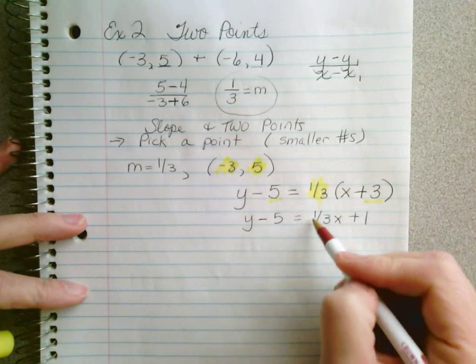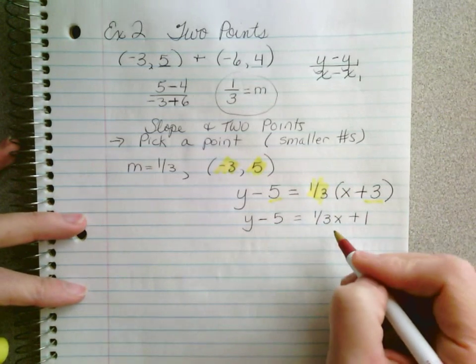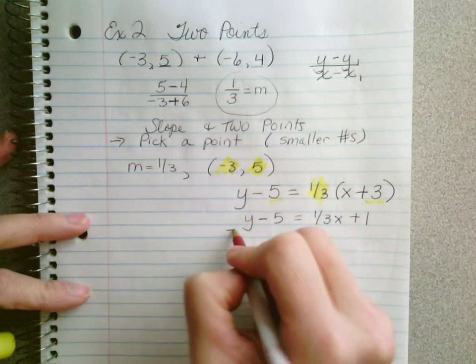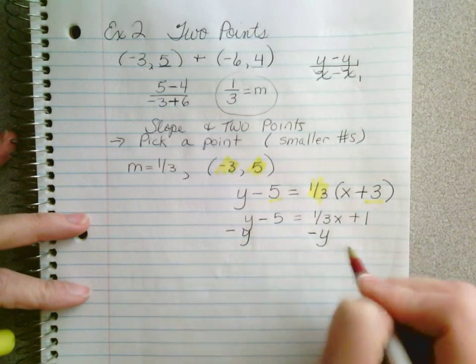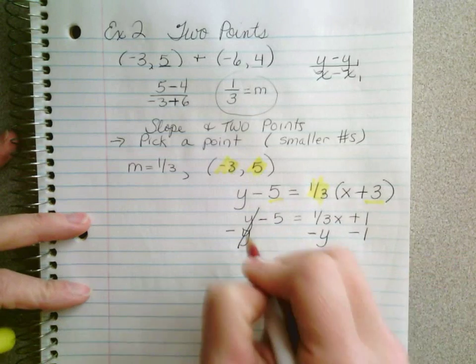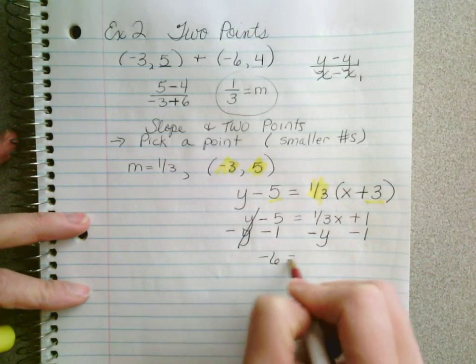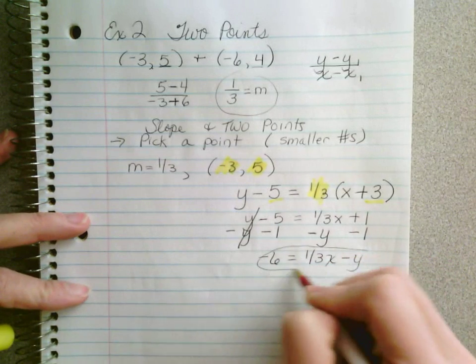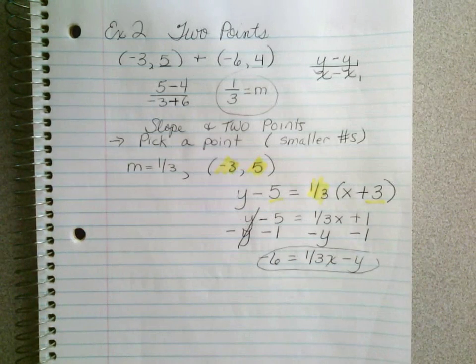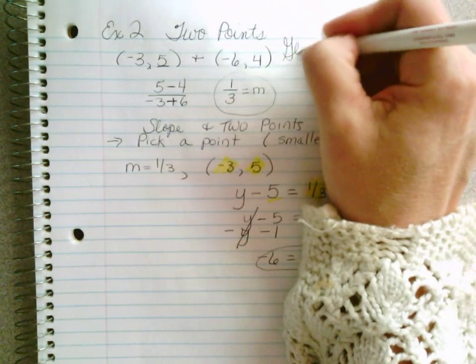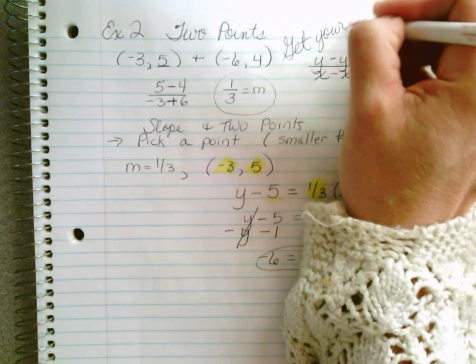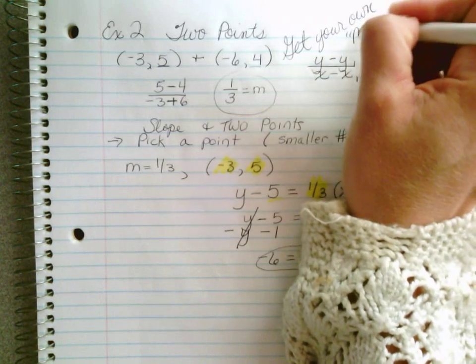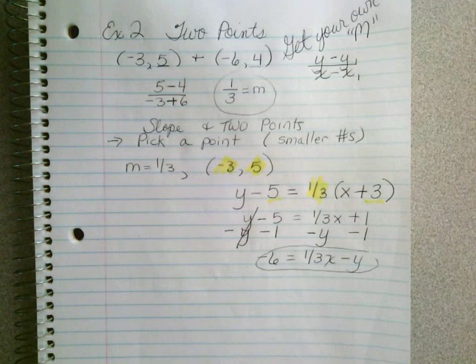Okay, 1/3 of x, 1/3 of 3. X is already positive, so I'm going to move my y to the left, move my 1 to the right. -6 is equal to 1/3 x minus y. So if you're given 2 points, it just requires that you get your own slope. That's all it requires.